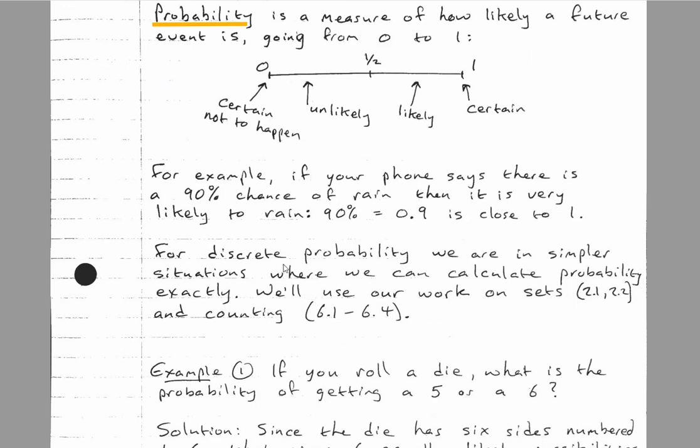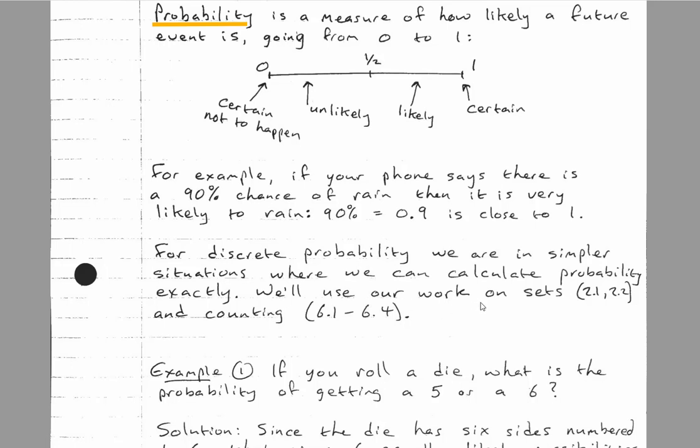What is discrete probability? That's a kind of simpler situation where we can actually mathematically calculate probability exactly. For example, in rolling dice or card games, things like that, we can make calculations.